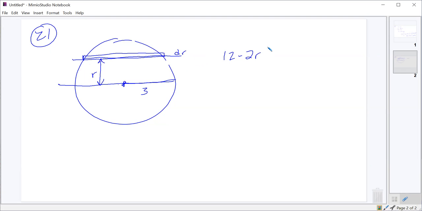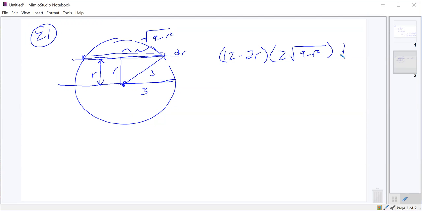And then we need to figure out what its length is. Well, if this is r and this is 3, this length ought to be the square root of 9 minus r squared. And if I had double that length, that'd be 2 times that.